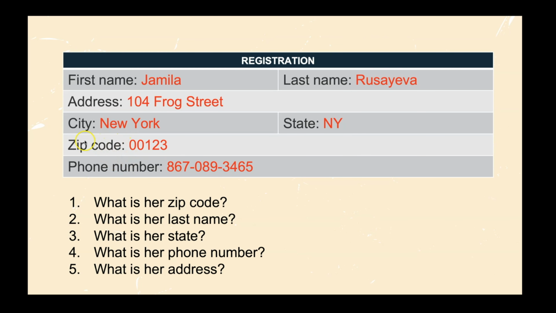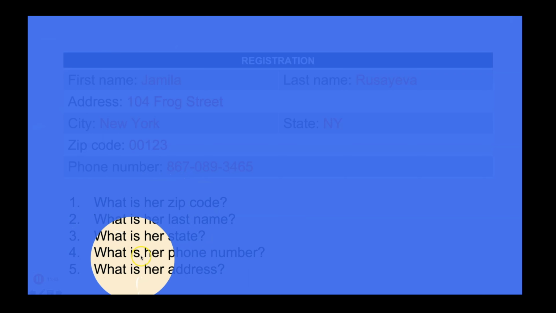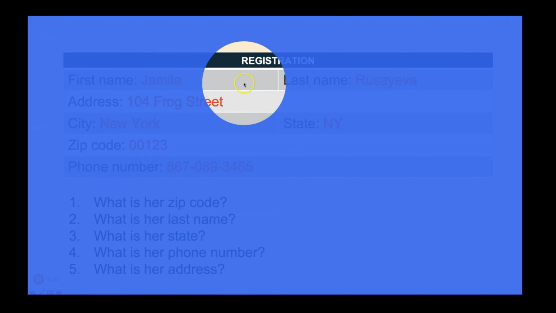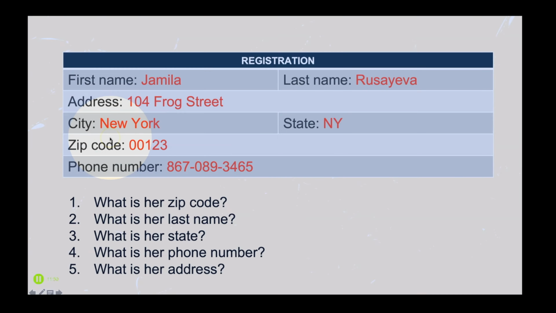We have 5 questions here, asking for information from this registration form. Now I want you to look at the form and write complete sentences to answer the questions. So what is her zip code? Her zip code is... Okay, so I'm going to give you some time to do that.